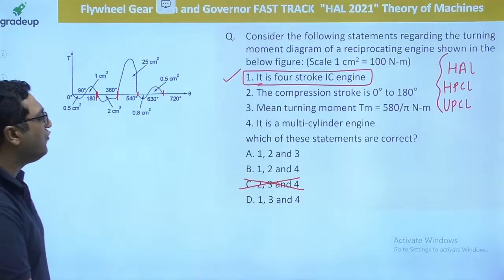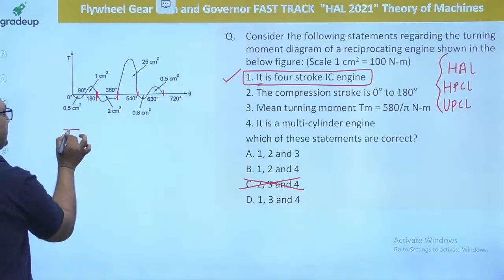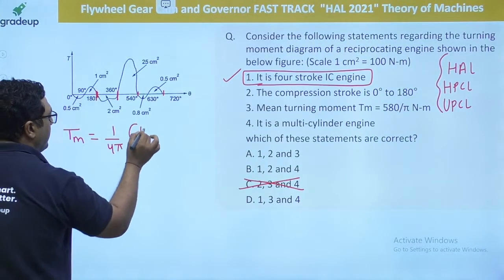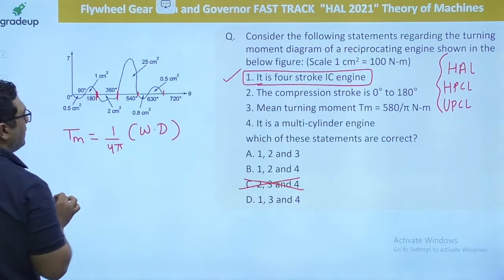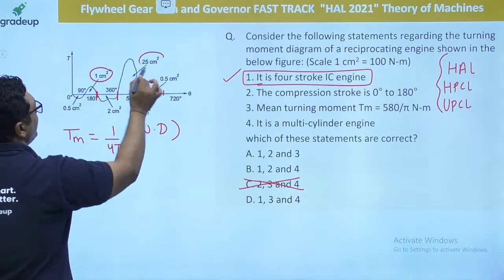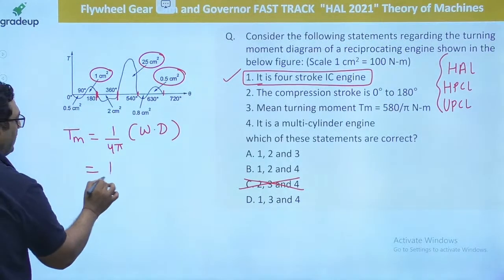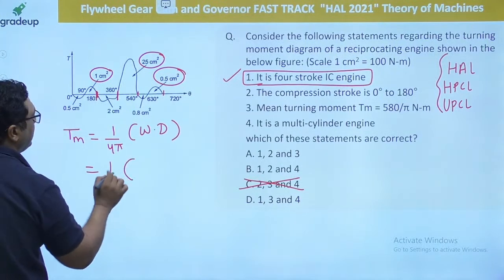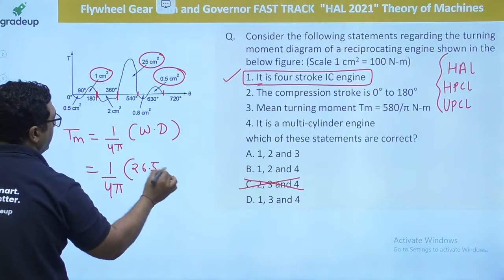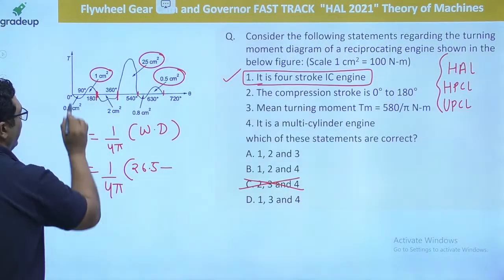Mean torque, when we find it out, is always defined as 1 upon 4 pi into work done. Work done is the area, and you can see the positive areas are 1 centimeter square, 25 centimeter square and 0.5 centimeter square. So it is going to be 1 upon 4 pi, and the positive area is 25 plus 1 plus 0.5, 26.5, and the negative area is 2 here, 0.8 here, and 0.5 here.